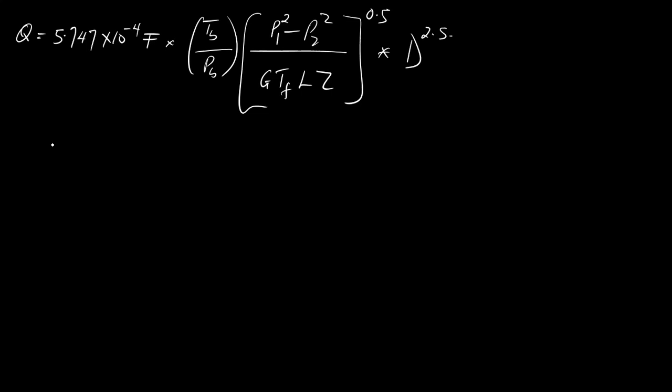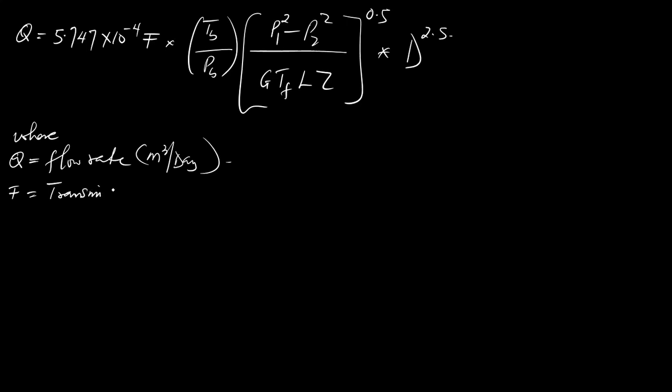Now, from this flow equation, Q is equal to the flow rate in meter cube per day, that's the units, the flow rate of the gas. So now you have the F, which is the transmission factor.